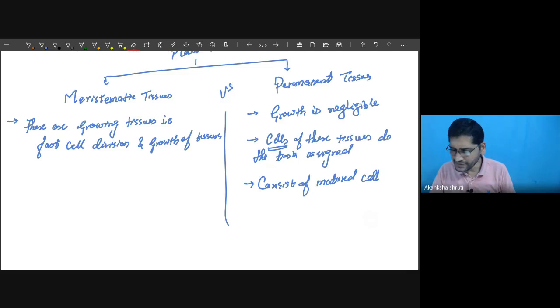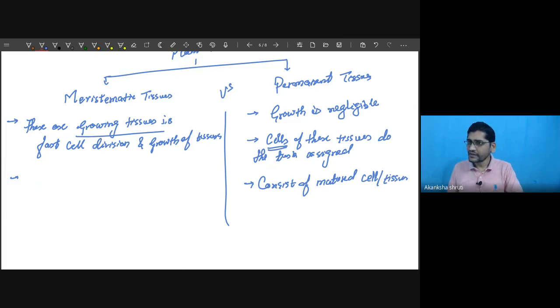So how are these matured cells or tissues obtained? Students, here we have learned that because of faster growth or more cell division, the cell size increases.